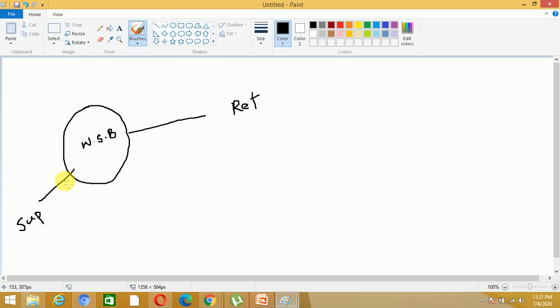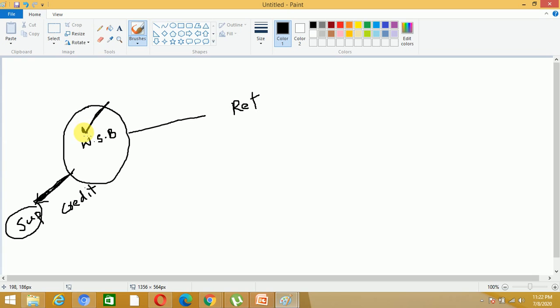Now, sometimes you need goods from suppliers, but you don't have money in your pocket. So what are you doing? You are purchasing these goods on credit. But suppliers are not going to give you credit blindly. They will first check the position of the business.